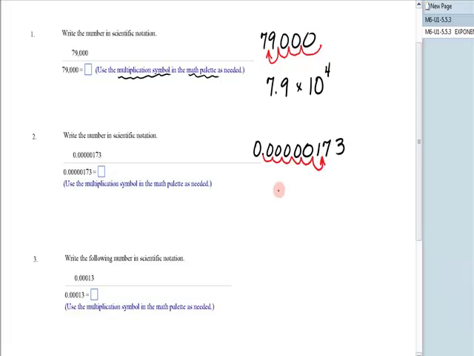This number will be 1.73 times 10 to the negative 6. It's a negative exponent because I moved it 6 places and because it was a tiny decimal number. Big positive exponents, big numbers. Negative exponents, little decimals.